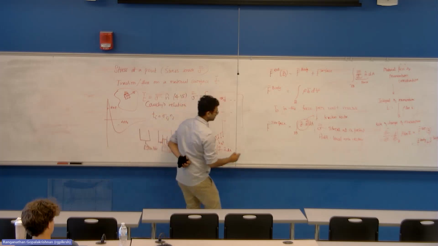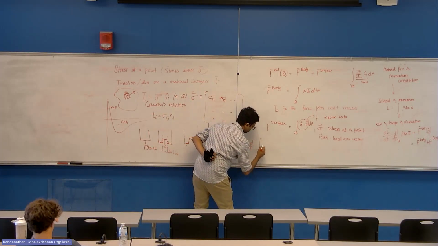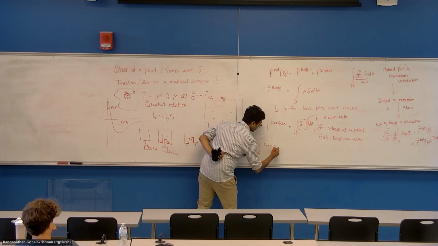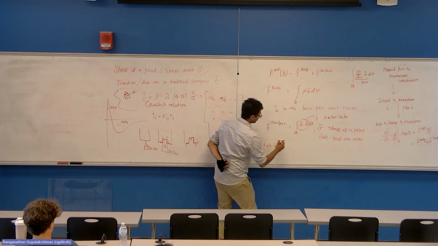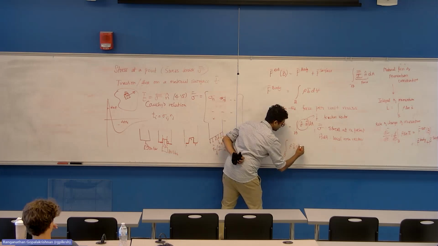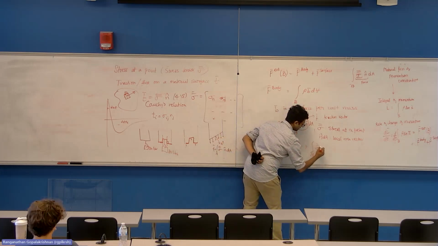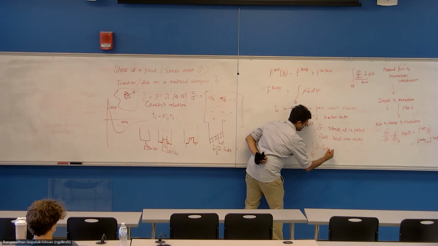So I can write d/dt of the integral of rho dv x dot equal to the integral over the volume of rho b dv plus the integral over the surface of sigma dot n dA.